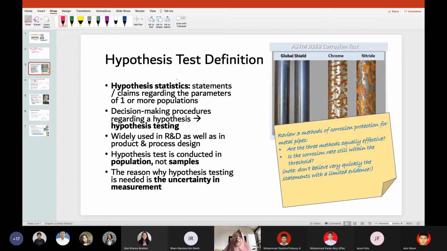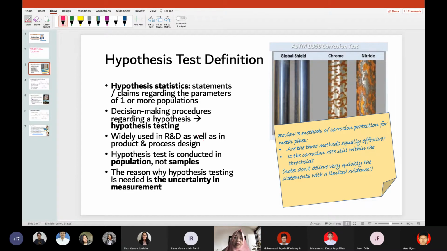Okay, to be able to understand whether we accept the hypothesis or not, we use a procedure. The procedure is called hypothesis testing. It is widely used in R&D as well as product and process design.